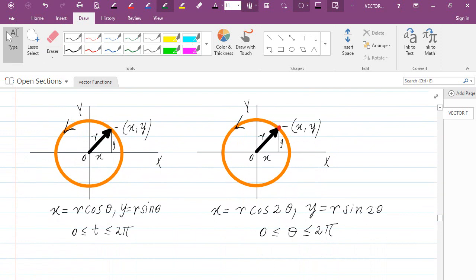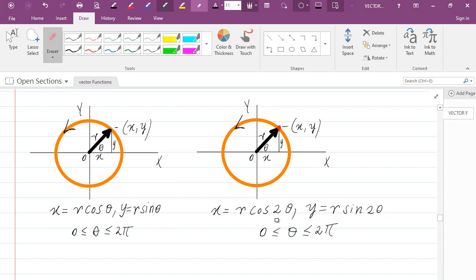Now in the first figure, x is r cosine theta and y is r sine theta. I have a typo here; this should be a theta, and theta is again this angle here, which previously we labeled as t. So in the first figure, theta is between 0 and 2 pi, x is r cosine theta, and y is r sine theta.